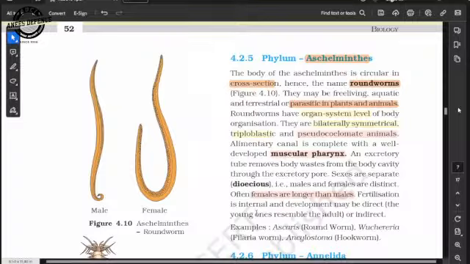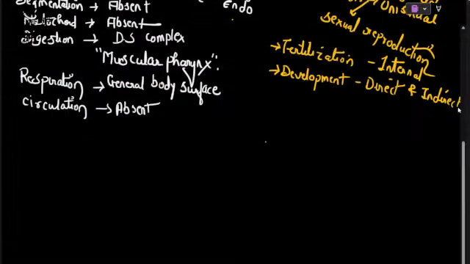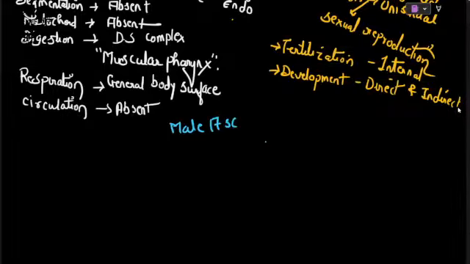It's mentioned in Trueman's reference, so you have to note it down. You can write it here near the diagram. Male Ascaris, female Ascaris.